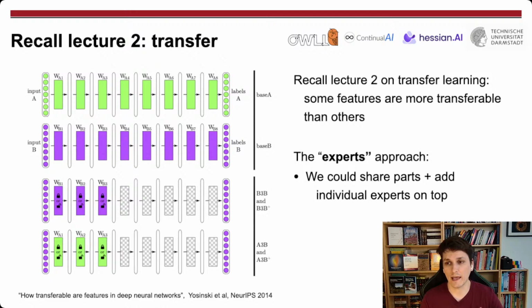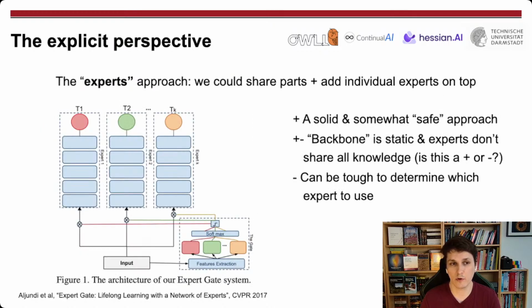Now we can ask ourselves basically in the simple form the same question, where we could start from the idea that we think of experts. So in the sense of we try to use the maximum amount of representations that are shareable as possible, but then afterwards we'll put intuitively an expert in terms of parameters on top. So it's illustrated on this left-hand diagram, where we could think about the problem of catastrophic forgetting, but also at the same time leveraging some of our knowledge in terms of a neural network by saying that we keep these initial layers and these are somehow shared.